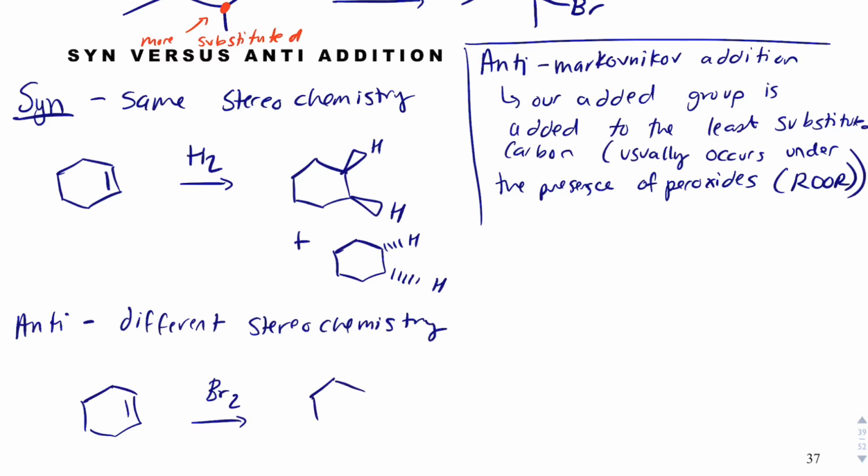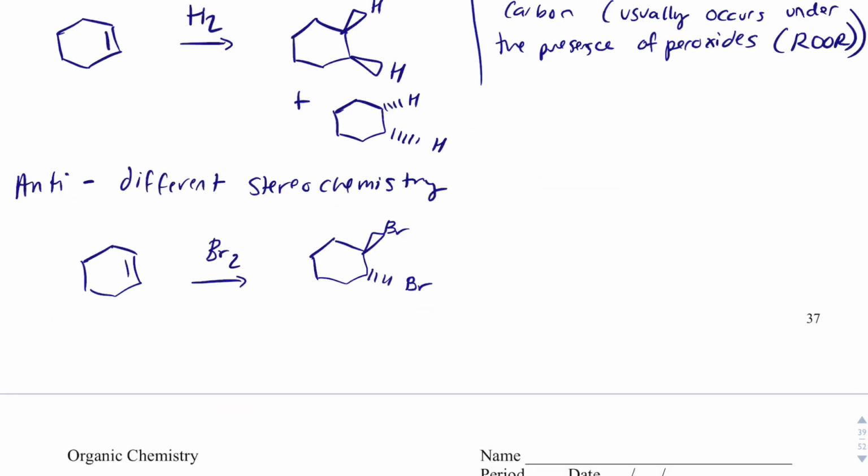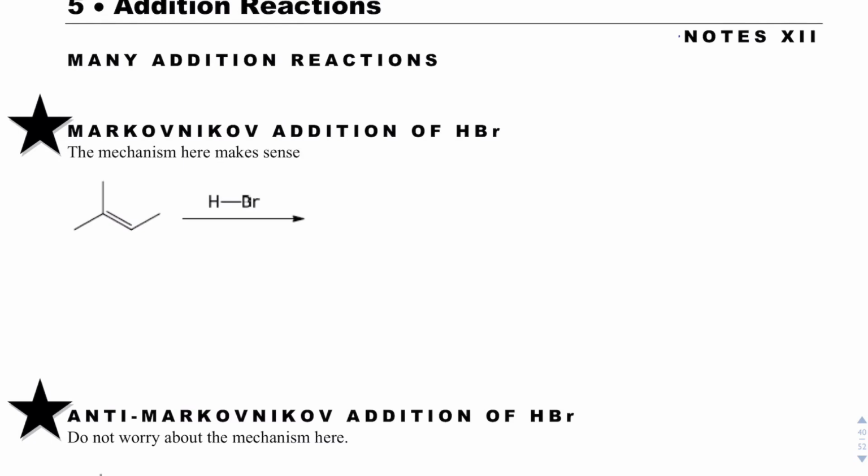We might get something like a wedge bromine and then a dash bromine, okay, where they're opposite. Okay, so I'm going to go over a lot of these. How these mechanisms work is we have a double bond that's needed for an addition reaction. And then whatever is over the arrow, that's what you should be really making some sense of into how it is reacting.